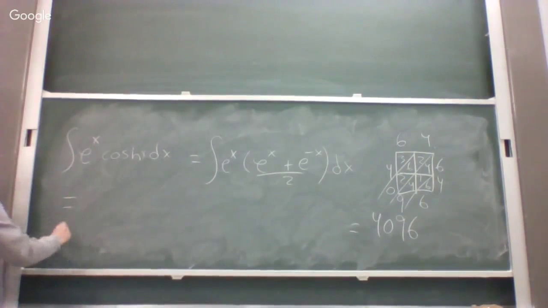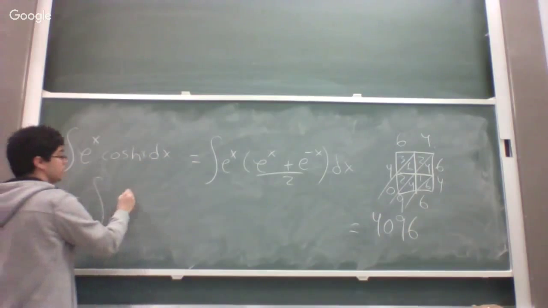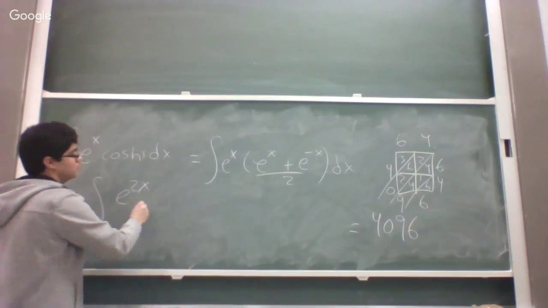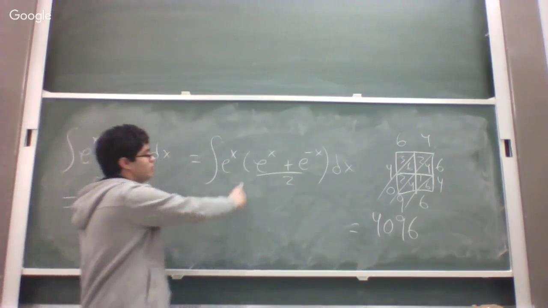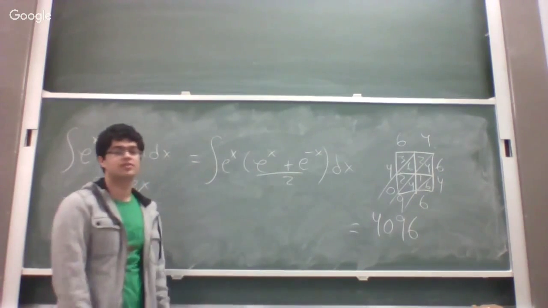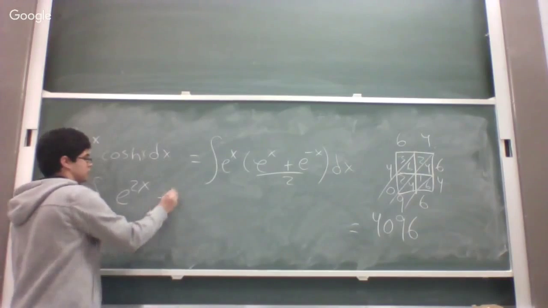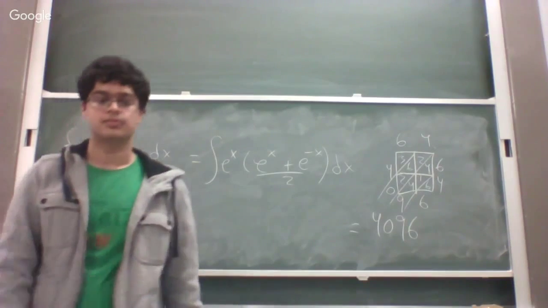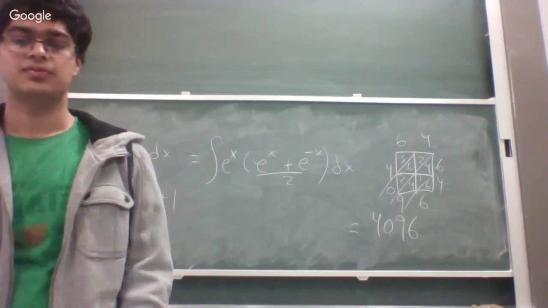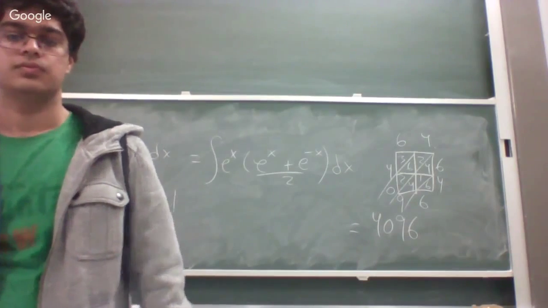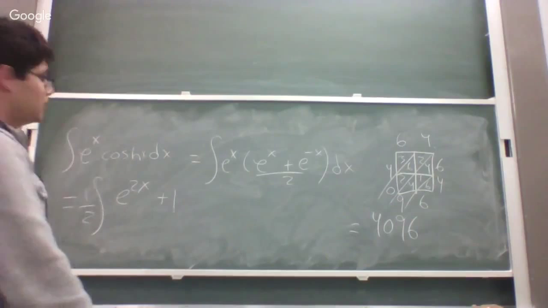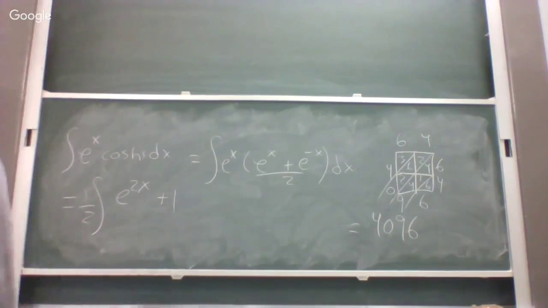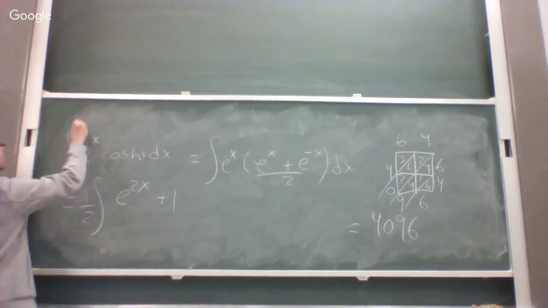Then we multiply that across, we'd have e to the 2x. Can we move the 1/2 out? Yeah. E to the 2x, and e to the x times e to the minus x would be 1. Do you guys see how that happened? And say we had, we'll just do from 0 to natural log of 2 again.